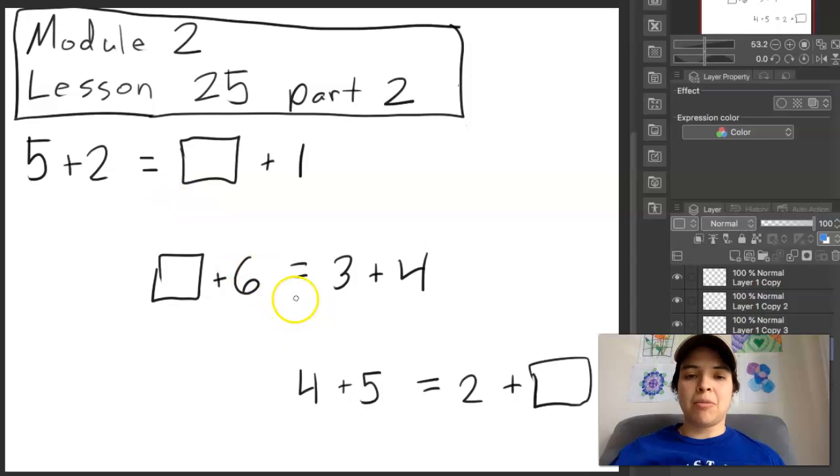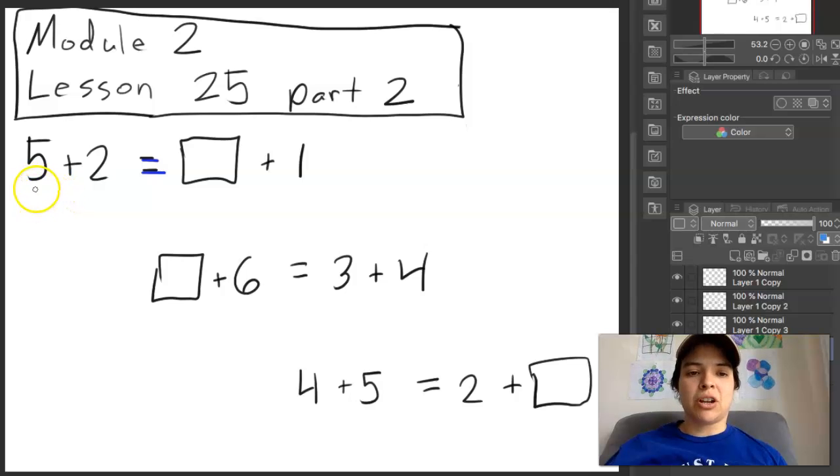So I came up with 3 sample problems. Let's start with the first one. Keeping in mind the equal sign, do we have everything we need to know about this side of the equal sign? We sure do. We have a 5 and we have a 2.